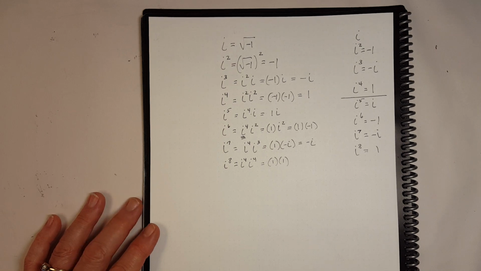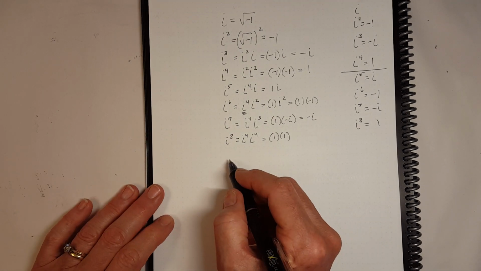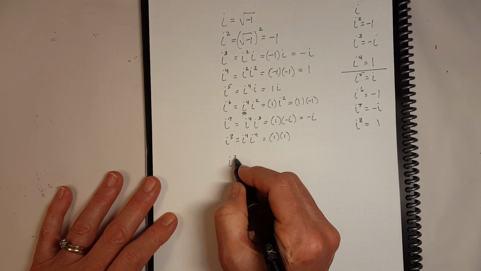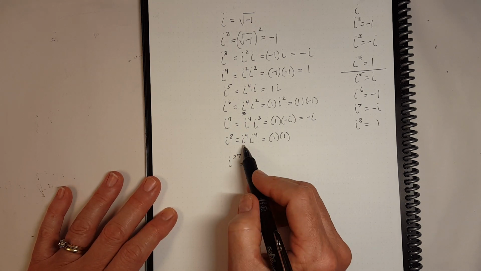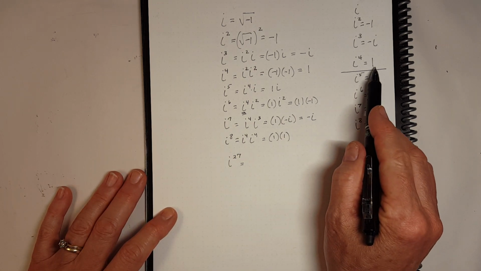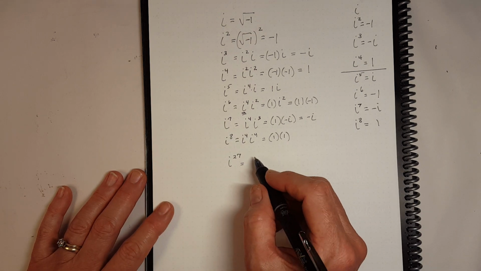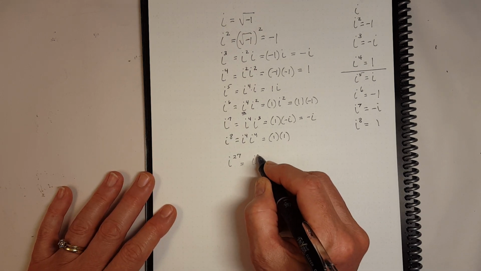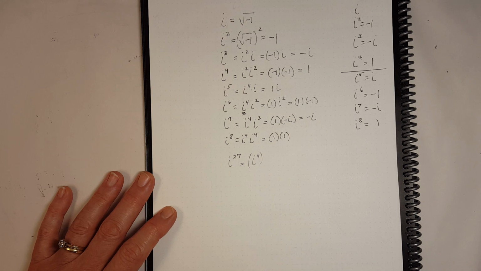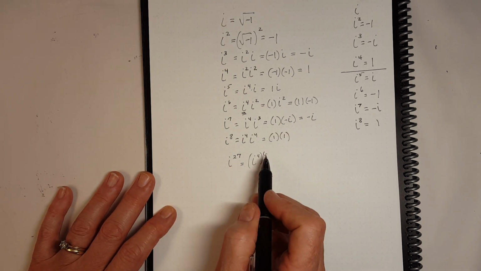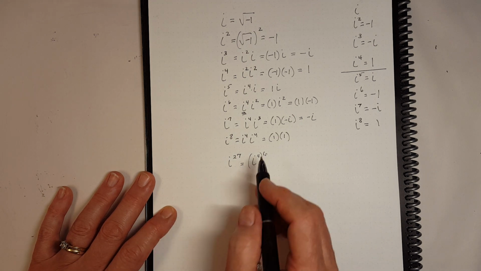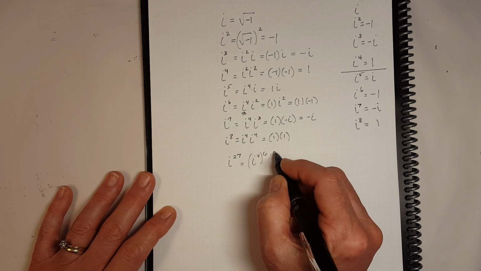So how do we do higher powers of i? So for example, what if I said i to the 27th? Well, think about it in terms of i to the 4th. Since i to the 4th is 1, we want to get as many of those out as possible. So this is i to the 4th to the 6th, right? Because 6 times 4 is 24, and then i cubed.